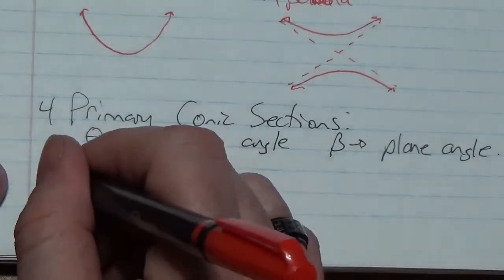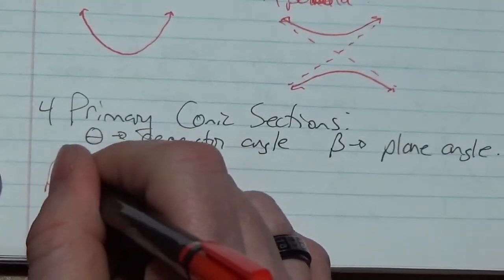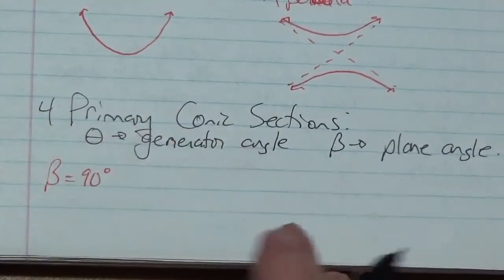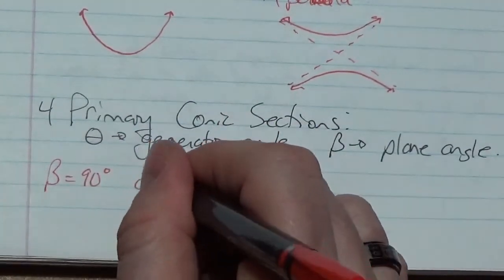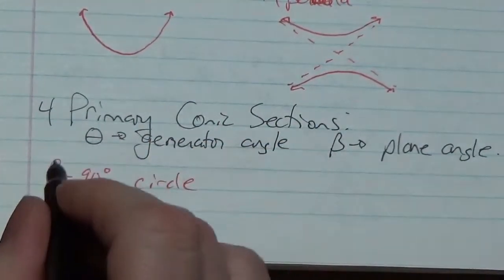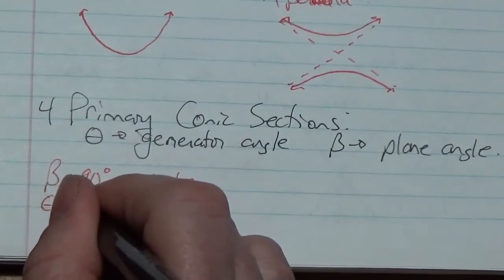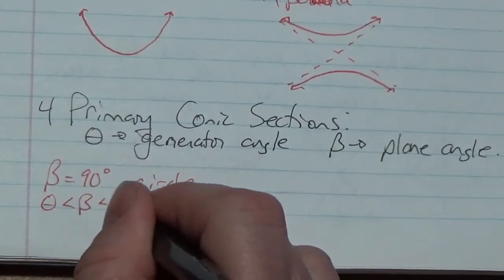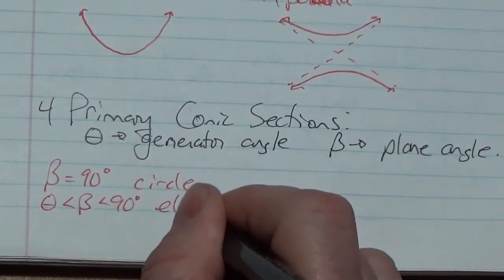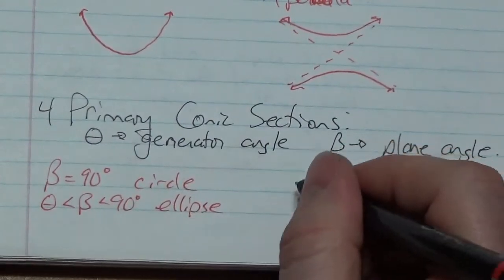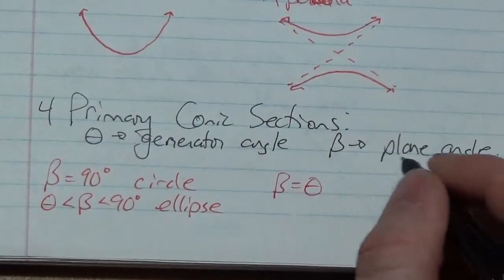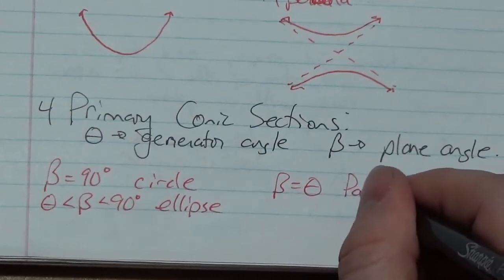So when beta is equal to 90 degrees, cutting it straight across here, that's where we're going to get a circle. If beta is bigger than the generator angle, but less than 90 degrees, we're going to get an ellipse. If beta is equal to theta, this is going to give us a parabola.